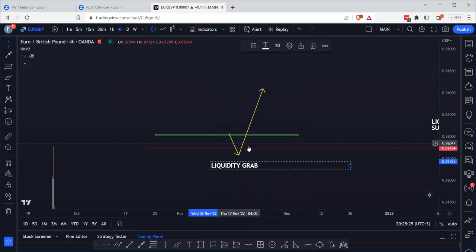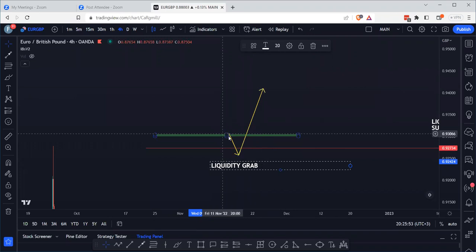Now, a lot of forex traders or retail traders are also putting their stop loss here. That's why the big boys know that there's a pool of money in this zone. So they'll first of all take out your liquidity before moving price in that particular direction.